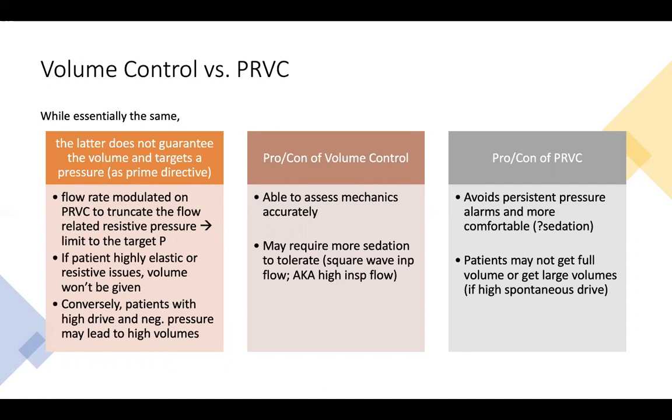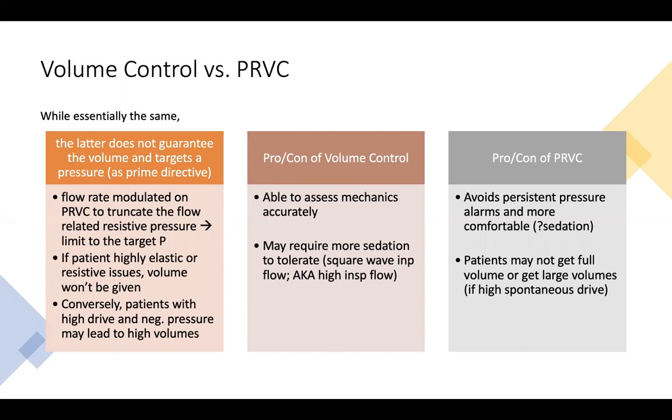PRVC does this by modulating the flow rate during the breath, so the flow actually will start to decrease during the breath, therefore decreasing the consequent resistive pressure associated with that flow, so that the sum pressure from both elastic and resistive forces are truncated to limit the pressure. The primary directive, again, in this mode is to minimize that pressure alarm, pressure target. And the tidal volume is a secondary issue.